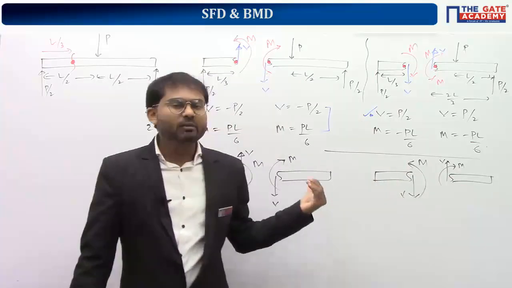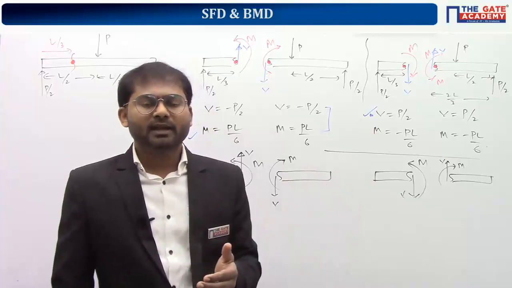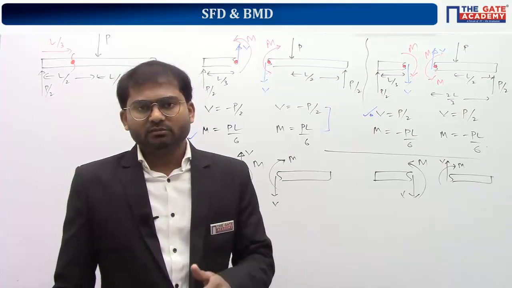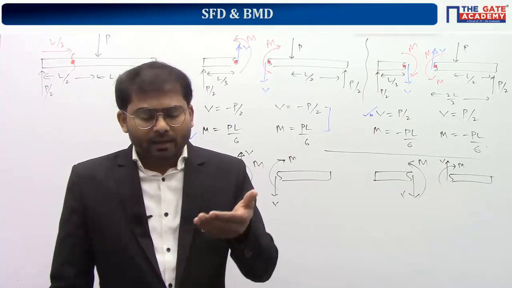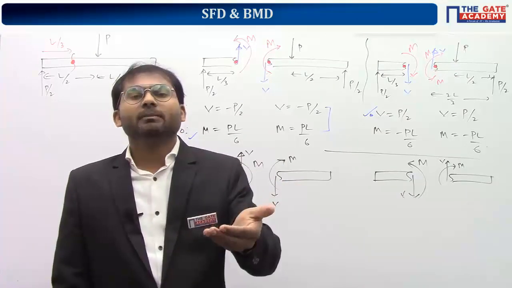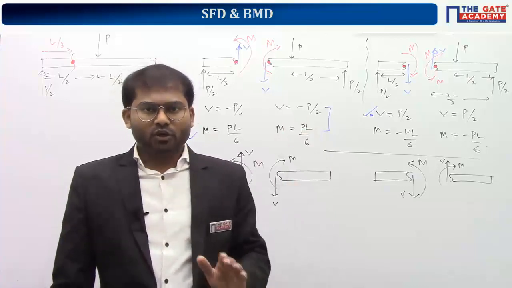For bending moment there is no difference, and it is important, because we define that sagging is a phenomenon where bending moment is positive. Actually speaking, sagging happens at the locations where we are getting bending moment as positive according to our sign convention. I hope you're able to follow what I'm saying.